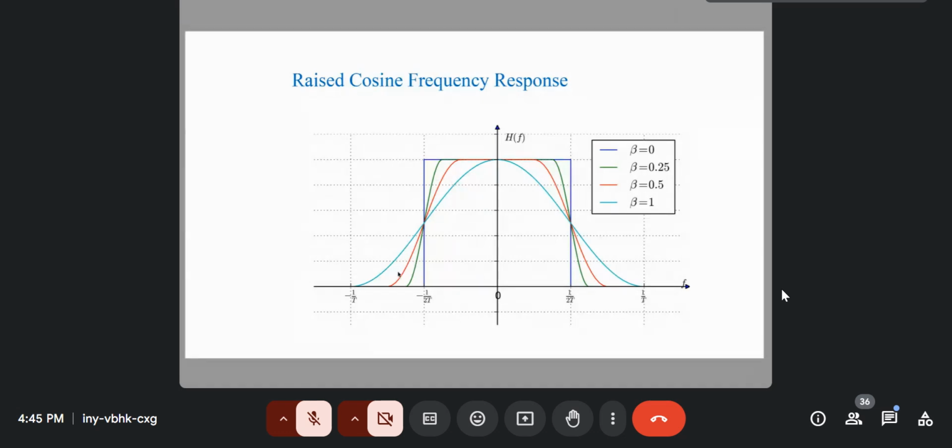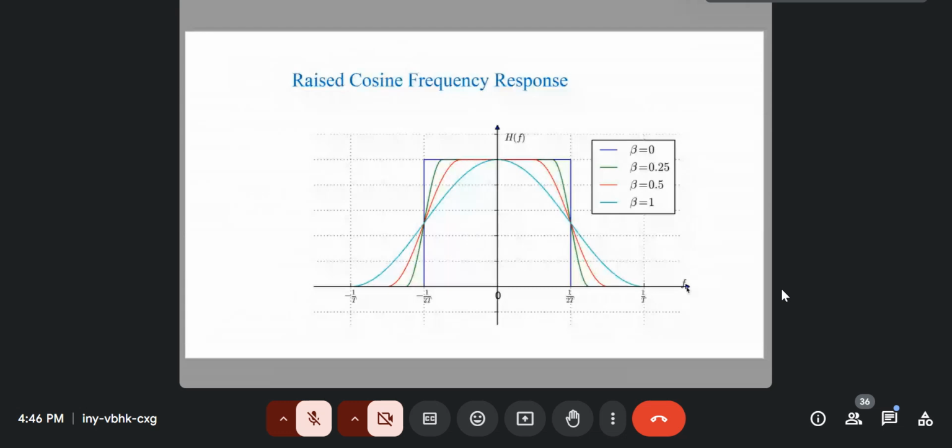Please remember this is not the raised cosine, this is a spectrum of the raised cosine. It's not the time domain raised cosine. It's not called raised cosine because it looks like raised cosine in the time domain, but because it looks like raised cosine in the frequency domain. This is the raised cosine frequency response, the raised cosine spectrum.